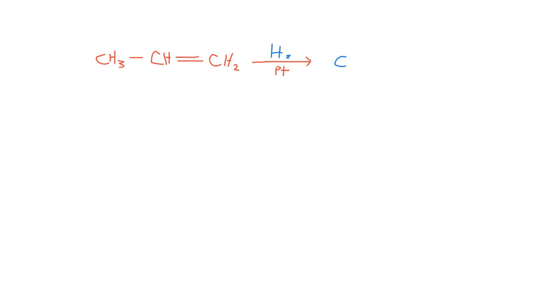So, oops, forgot to change the colors. So CH3, CH. The double bond is now gone. It still has the same hydrogens it did before, but now it has 2 new hydrogens. One hydrogen from here, and one hydrogen on here. And that comes from the H2.